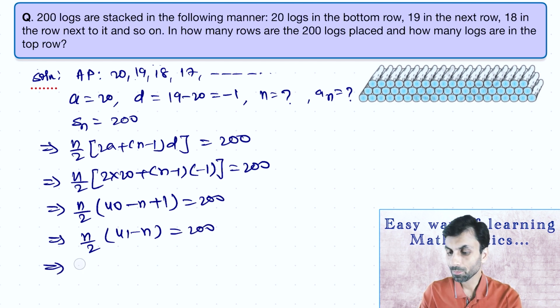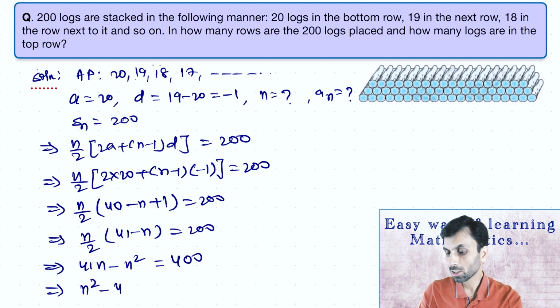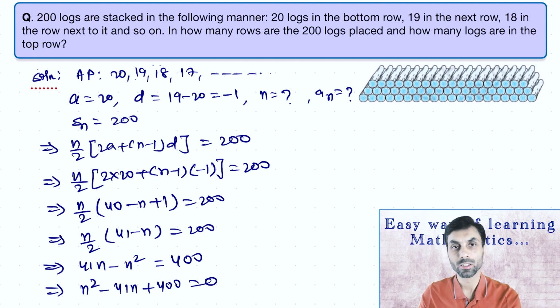On multiplying, we'll get 41n minus n square, and 2 will multiply to 200. It will become 400. On writing in the standard form of quadratic, we'll get n square minus 41n plus 400 equals 0.